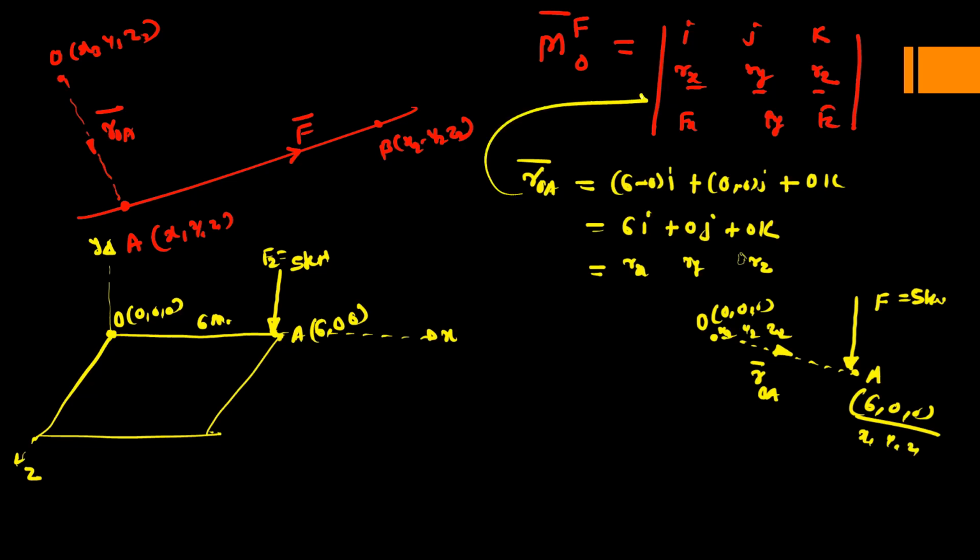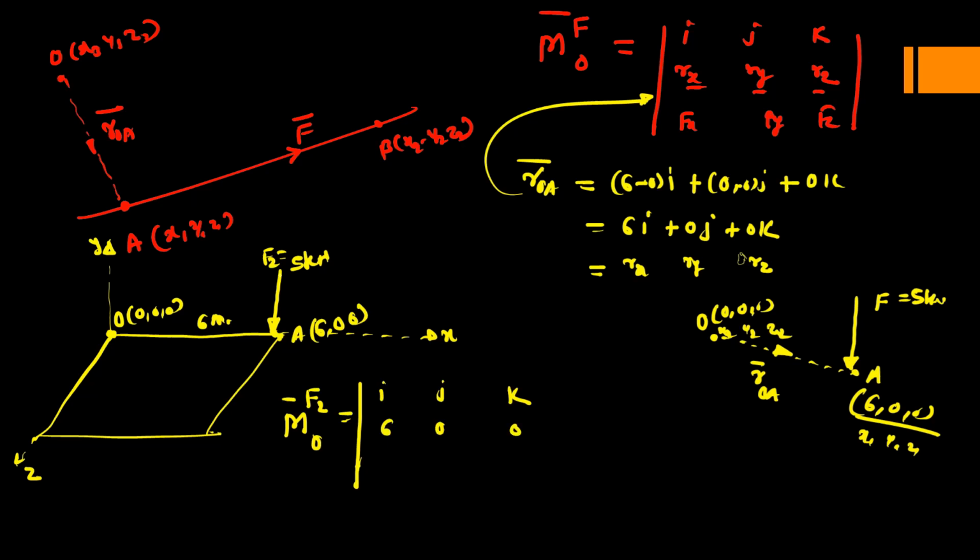So now put these values in this equation. So this is the moment by the force F2 about the point O. So this is equal to, this is i j k. Position vector Rx is 6, then 0, 0. Now refer to the force vector.